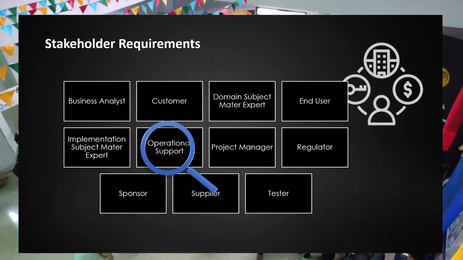Another type of stakeholder is operational support. Operational support is responsible for the day-to-day management and maintenance of a system or product. While it is not possible to define a listing of operational support roles that are appropriate for all initiatives, some of the most common roles are operational analyst, product analyst, help desk, and release manager. Another type of stakeholder is project manager.